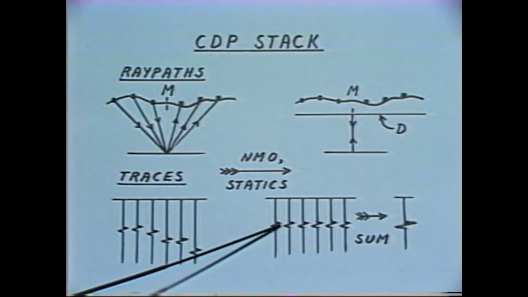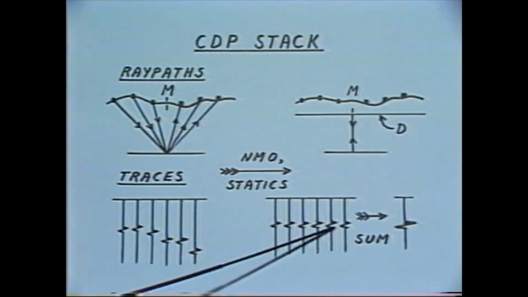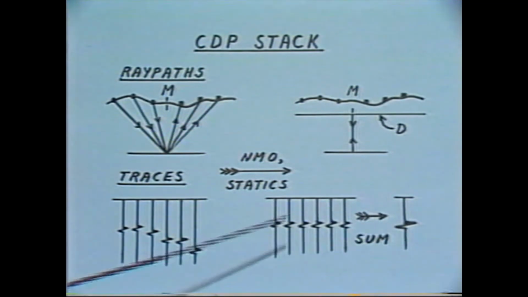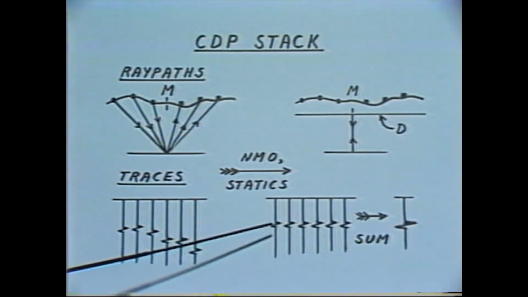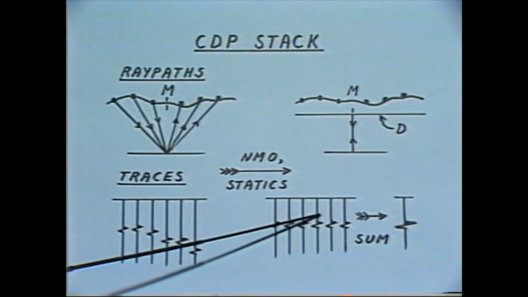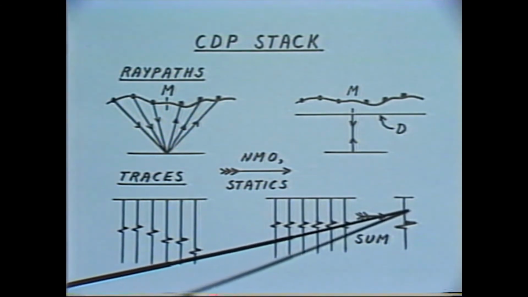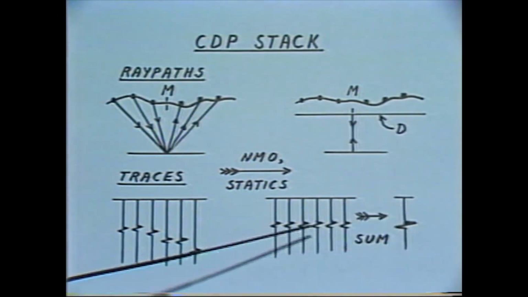Common depth point stacking then consists of summing those traces together to form a single trace. Now when we sum the traces together, it simply means that we take the amplitude on each of these traces at the same time and just add all those amplitudes together, and that is the amplitude on the output trace.